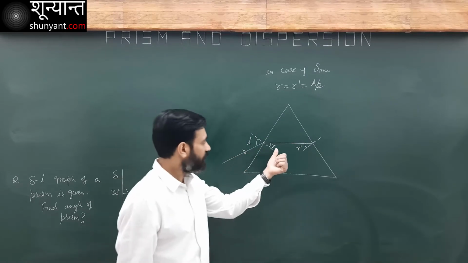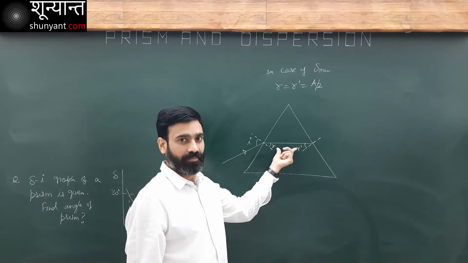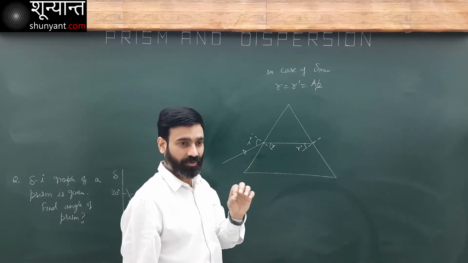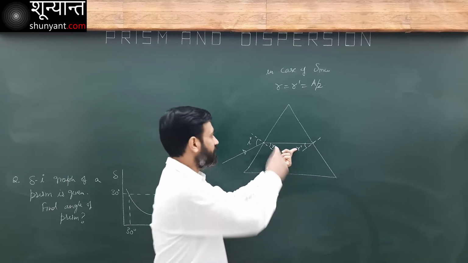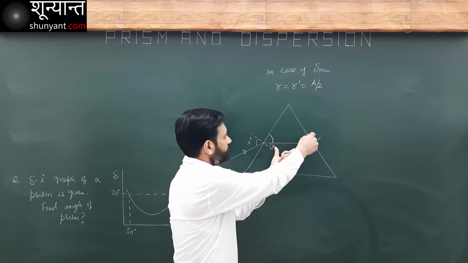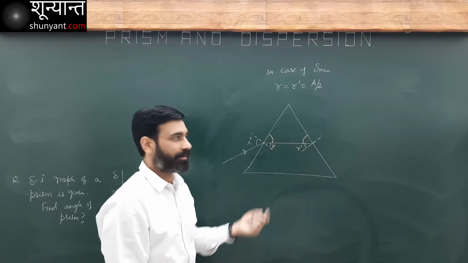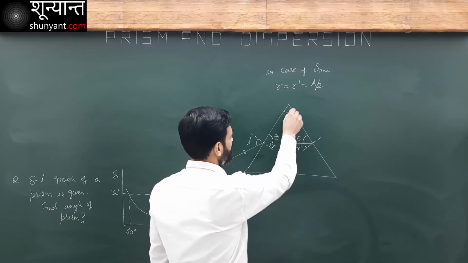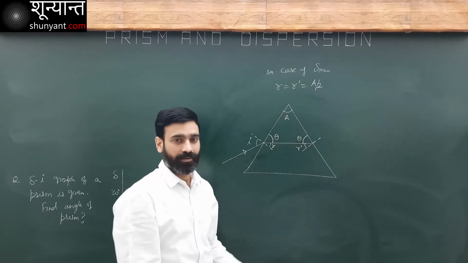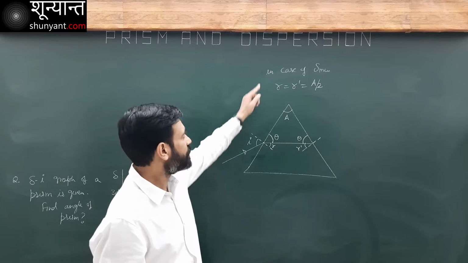Now, if these two are same, try to understand this, very, very important. If these two are same and these two same also, they will also be same. This is theta, this will also be theta. This is A. That happens only in case of minimum deviation.